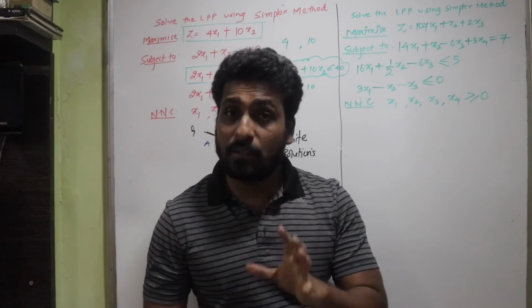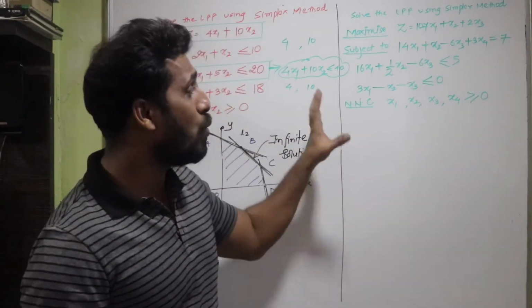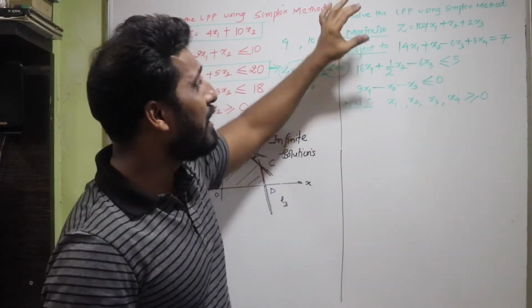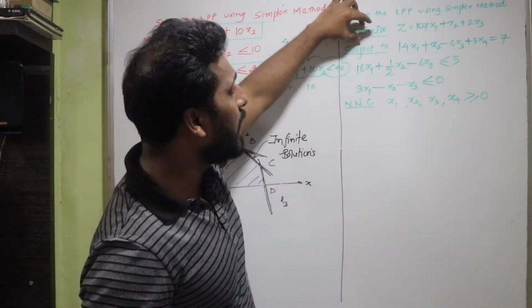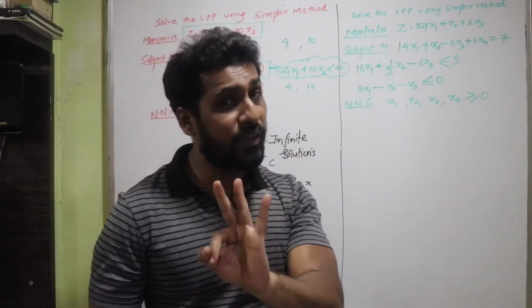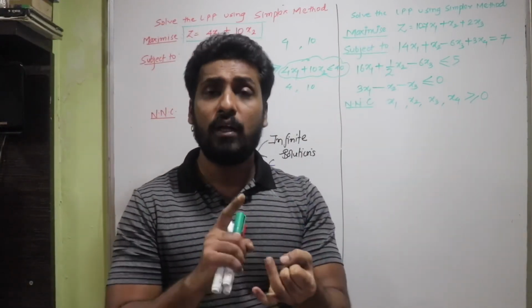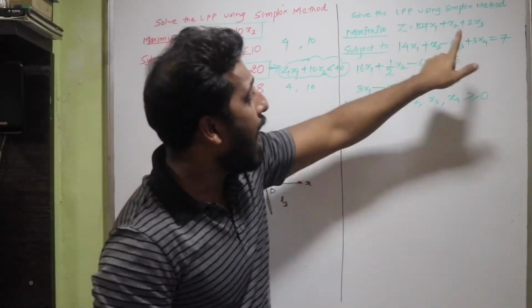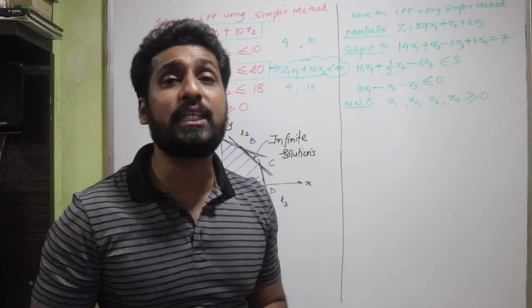So what is the difference in this question? Over here, the objective function has only three variables, x1, x2 and x3. The equality constraint has this additional variable x4.